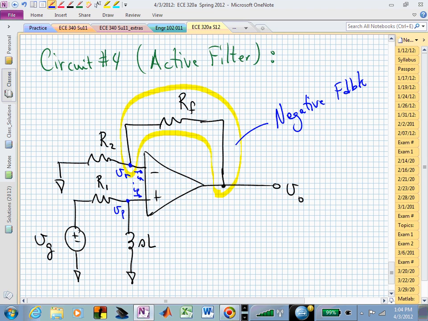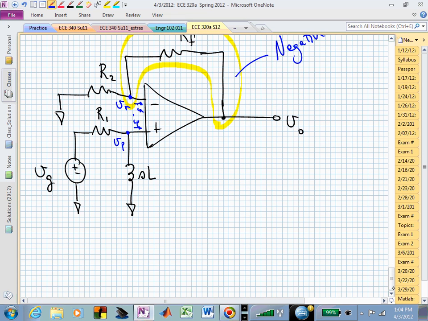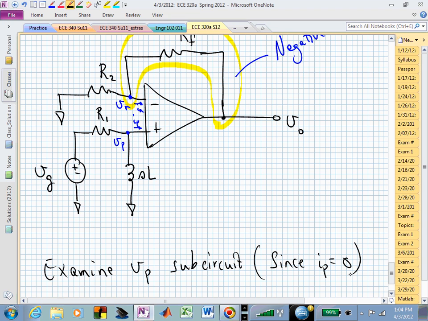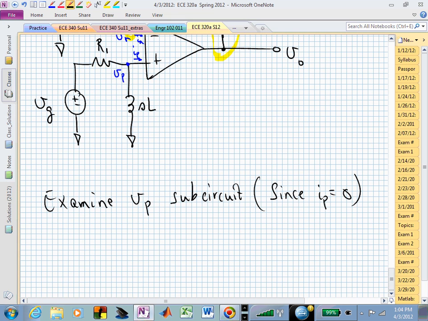That makes sense? Let's look at the first sub-circuit, which is on the non-inverting terminal. I'll just call it the V sub P sub-circuit. And we can do that because I sub P, the current going into that op-amp, is 0.